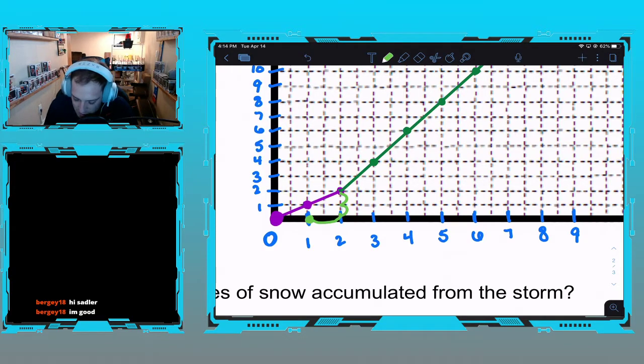I'm going to do the same thing over again. I'm going to go down 1, 2, and I'm going to go over 1. So I'm way over here on that y-axis. So if I'm extending the line, I'm going to be somewhere over here. I just have to figure out what number that's going to be.